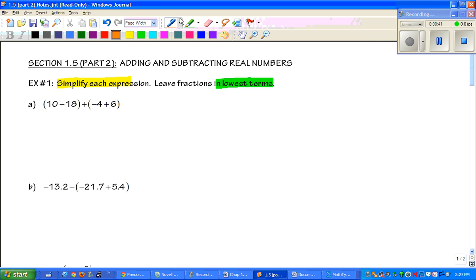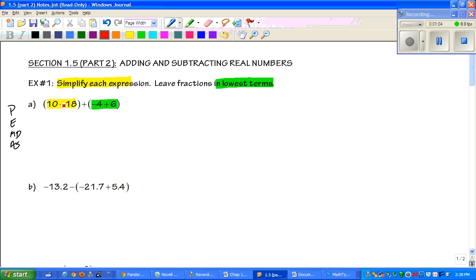So let's take a look at number 1. It says parentheses 10 minus 18 plus parentheses negative 4 plus 6. Now, before we get started with these, we need to follow our order of operations, and those say to do parentheses first. And we have two sets of parentheses.